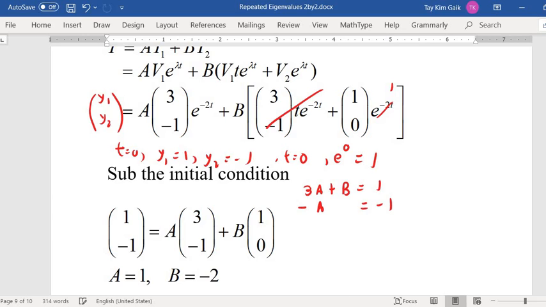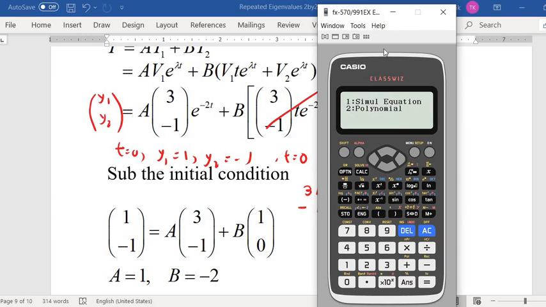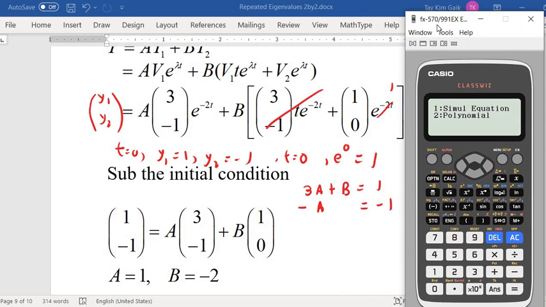So we plug the coefficients of the simultaneous equation into the scientific calculator, where x tallies with A and y tallies with B. So we key in row by row: 3, 1, 1; negative 1, you don't have a B so it's 0, right hand side is negative 1. So x is the A, which is 1, and y is the B, which is negative 2.